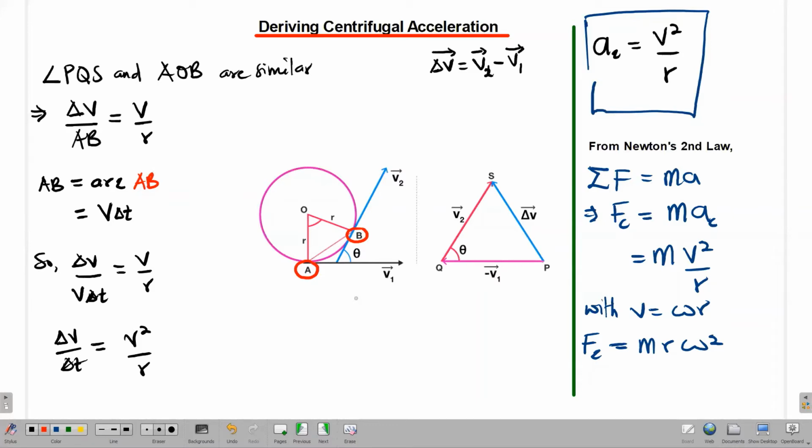The radius to the instantaneous center of rotation, remember the vehicle is traveling in a circular path, so it has some sort of instantaneous center of rotation, and the radius to that center from the car is r.